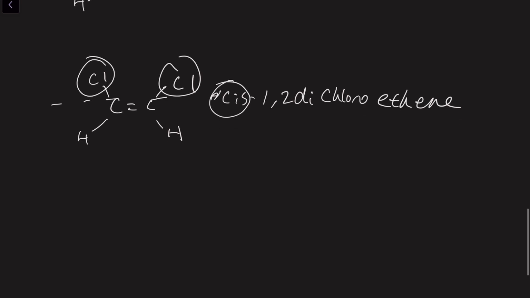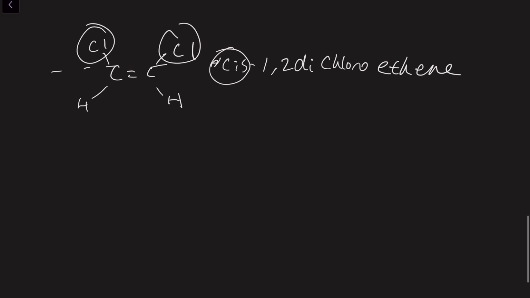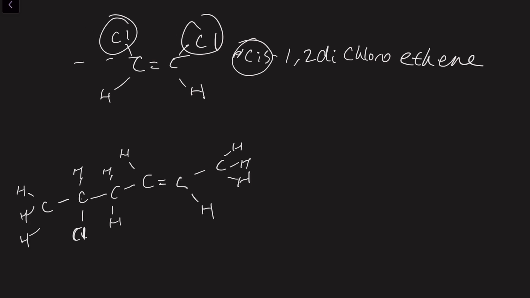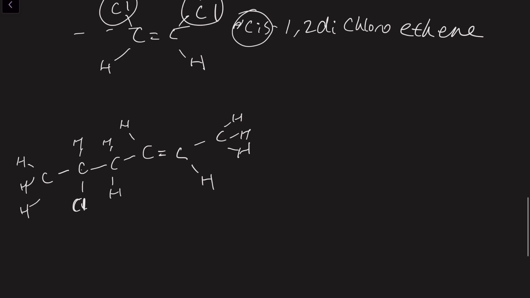Now let's look at an even more complicated example. So how do you name this molecule? The first question to ask is, where should we count the carbon chain? Should we go from left to right, or do we go from right to left?